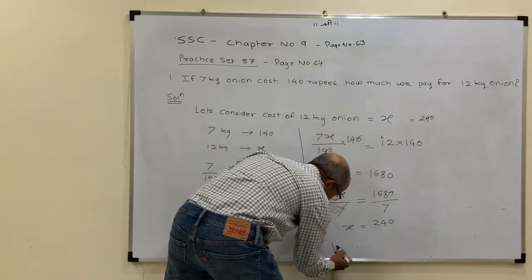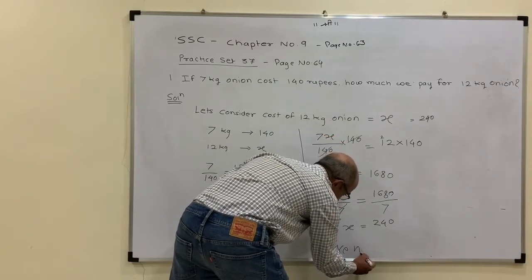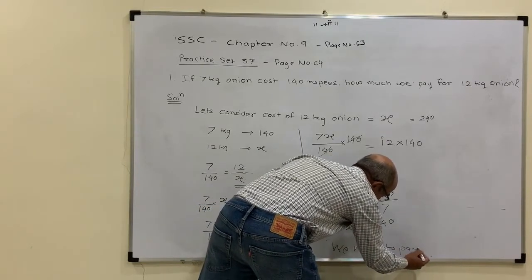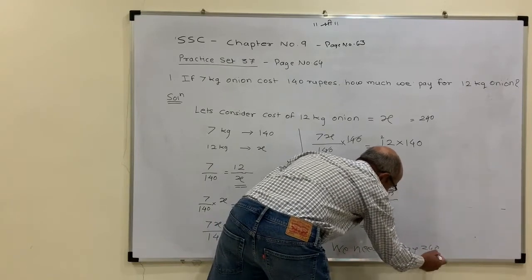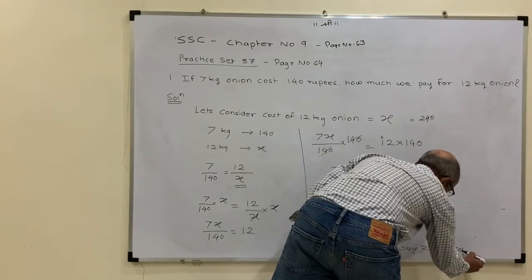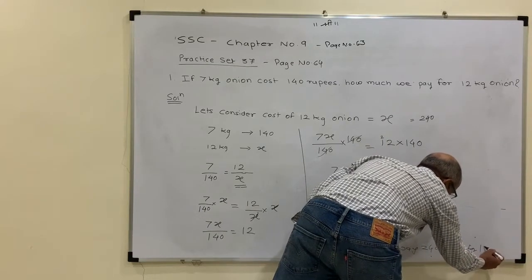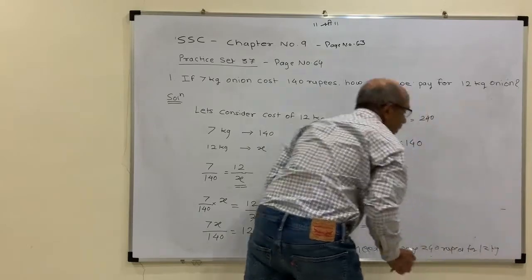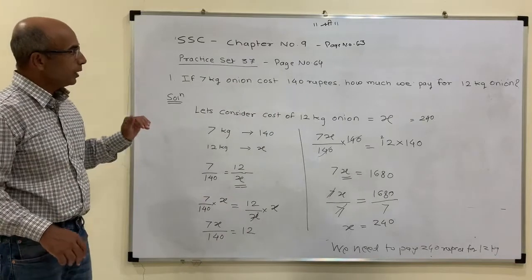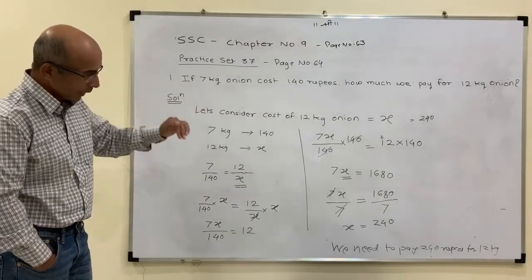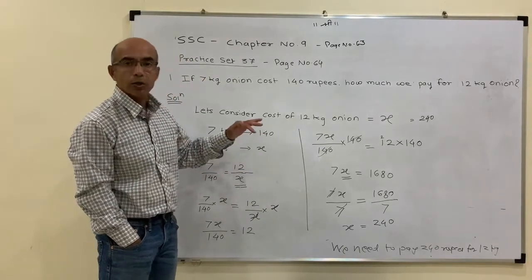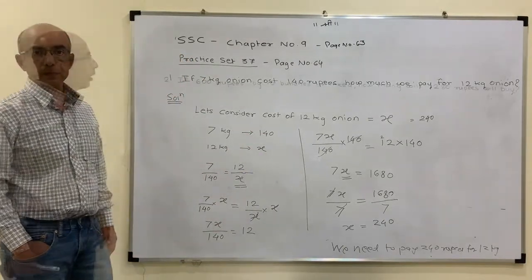We need to pay 240 rupees for 12 kg onion. Yeah, you need to write the answer in words. How much we have to pay? We need to pay 240 rupees for 12 kg of onion.